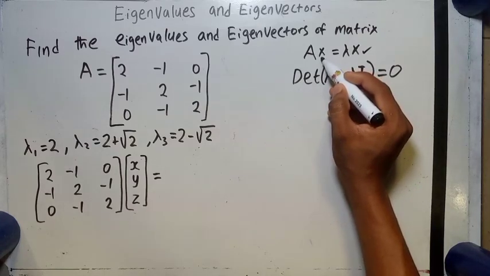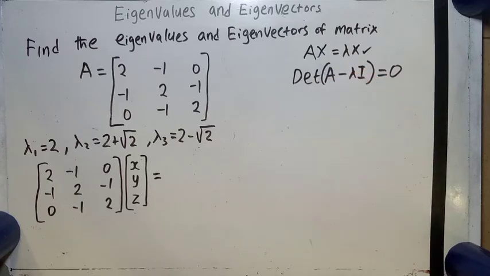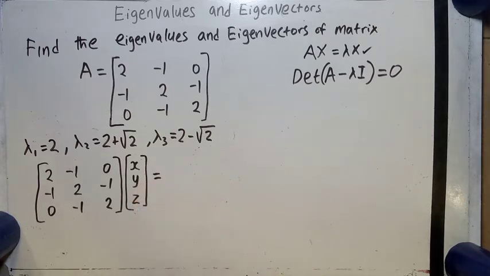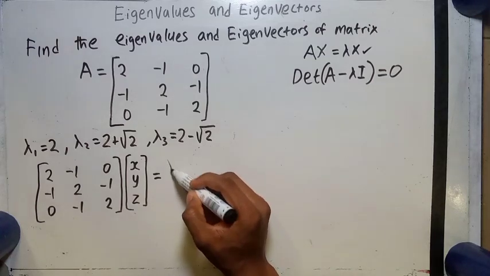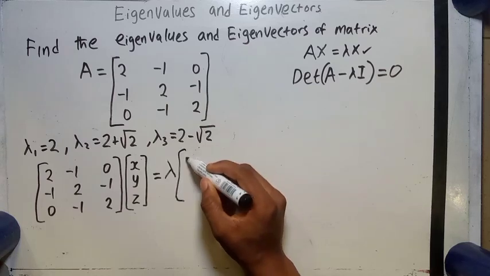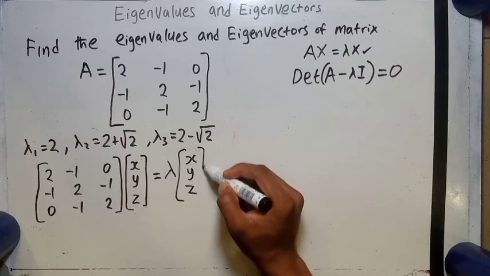It is representing your variables. For variables, you can use ABC as you like. Some textbooks normally use x1, x2, x3, as it pleases you. Understand? Any way that it pleases you. This is x, y, and z.